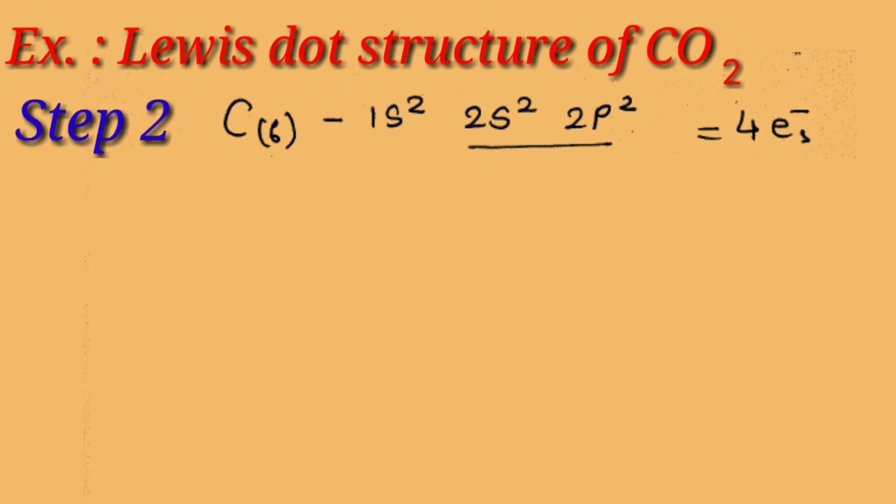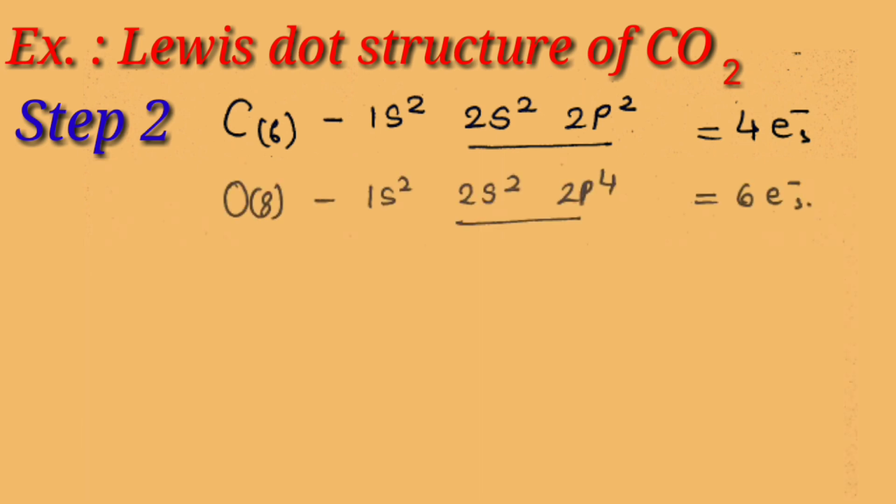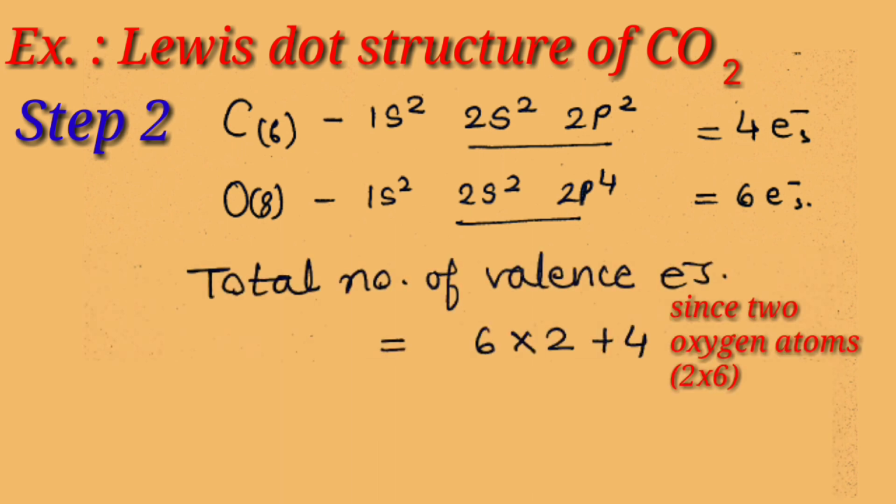On the other hand, oxygen atomic number is 8. Its electronic configuration is 1s2, 2s2, 2p4. So we can say that oxygen has 6 valence electrons. So the total number of valence electrons is 6 multiplied by 2 plus 4, that is 16 electrons.